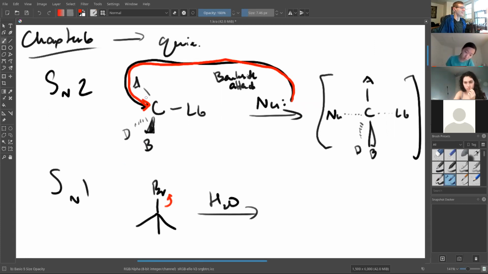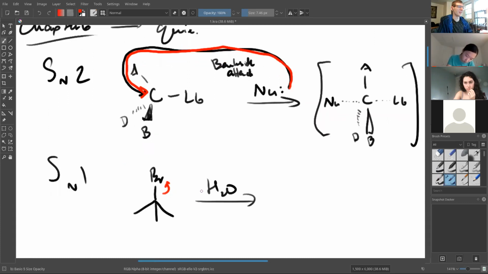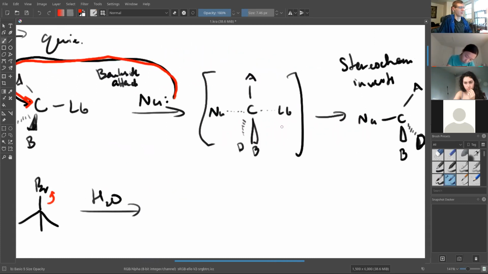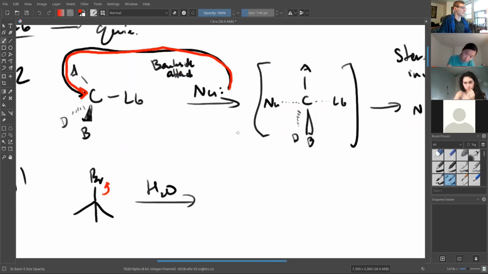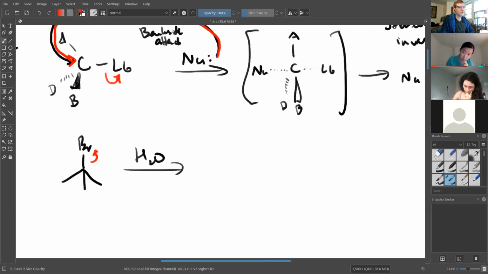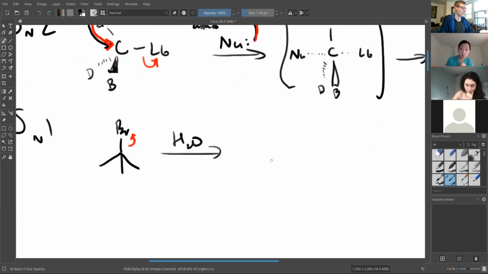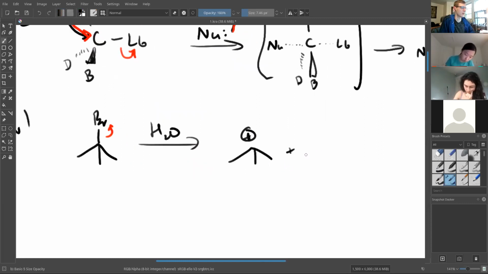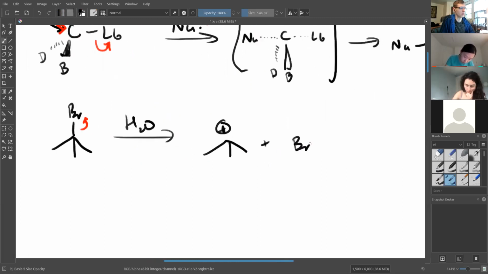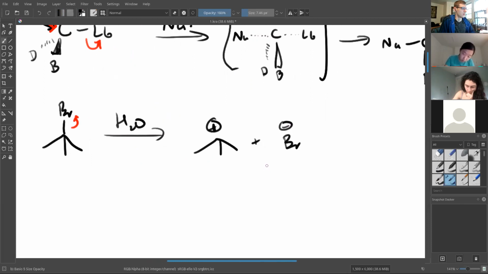There we go. So the electrons are moving over there. And here you could draw it like that too. I should have put that arrow in there as well. Okay. And so once we're here, now we get a carbocation, and we also get this bromide ion, Br minus.